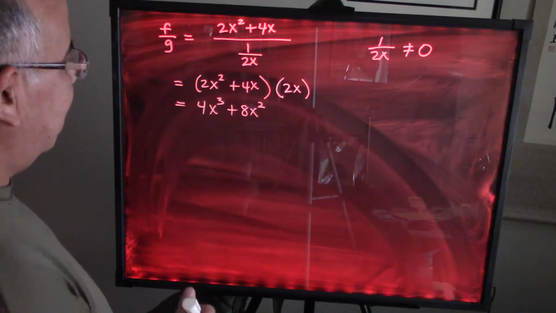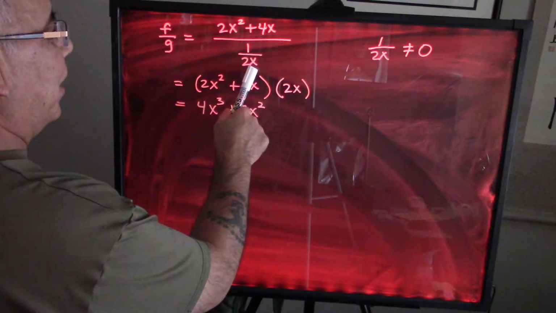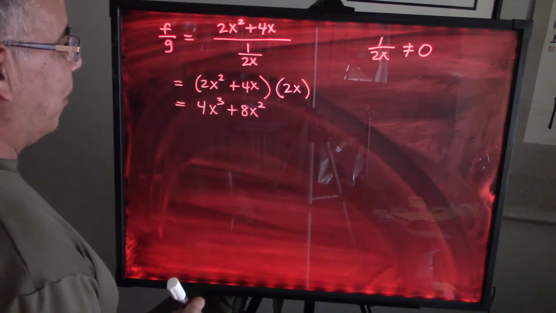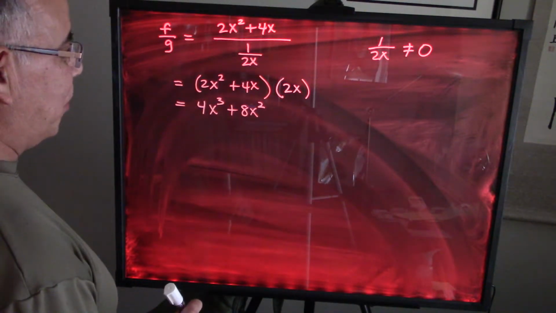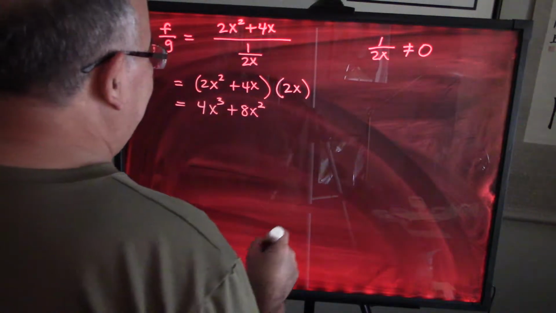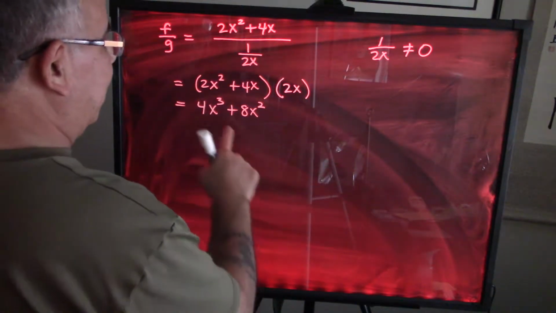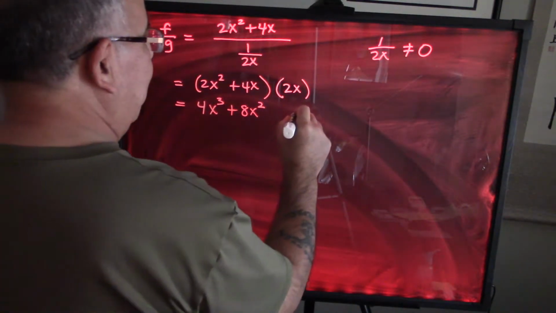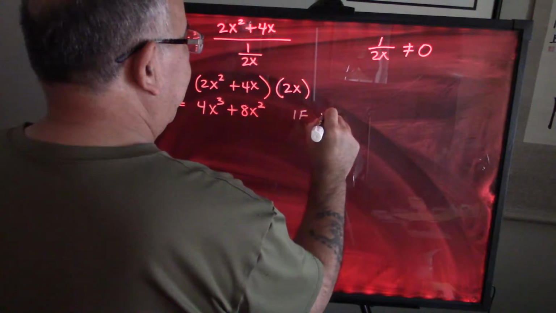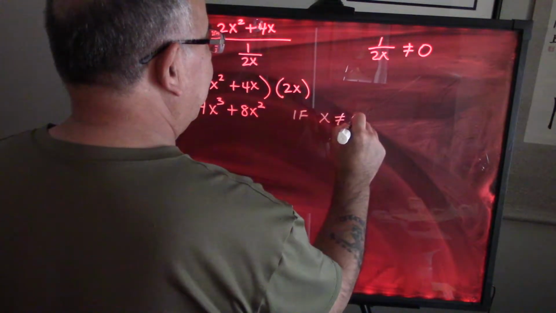However, remember, x cannot equal 0, from the original function before we did all this simplifying. So I'll say f over g equals this polynomial function if x does not equal 0.